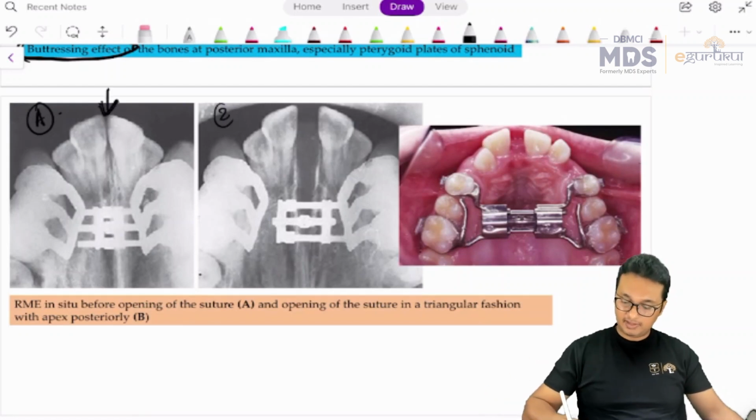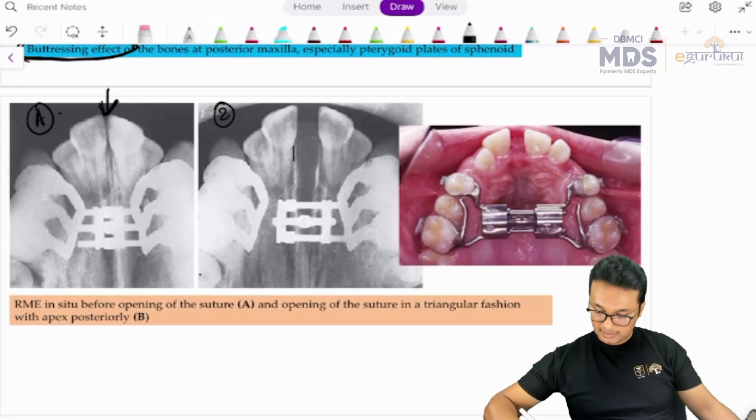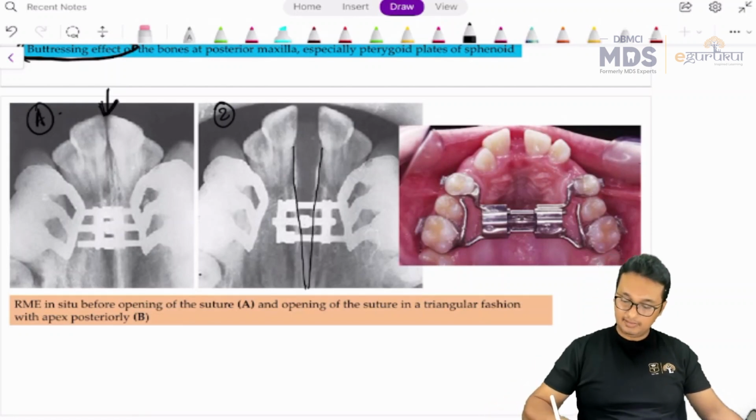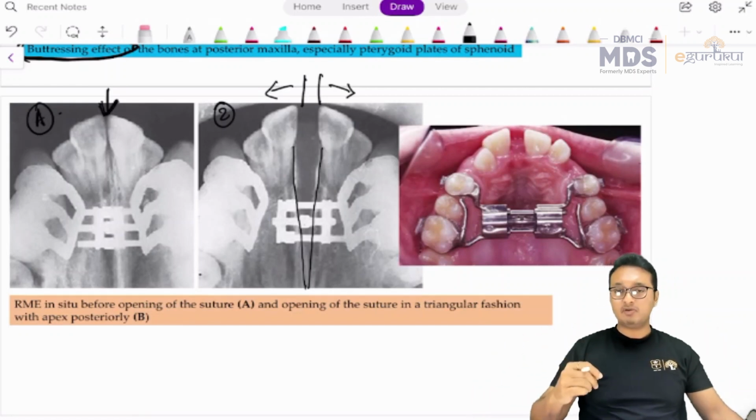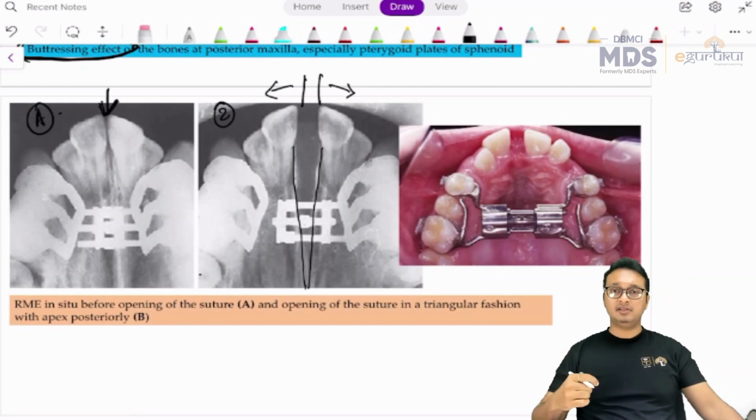Whereas in the second figure, you can see the sutures have started to open in a fan-shaped direction like this, and there is presence of midline diastema, and the maxilla is trying to separate in a sideways direction. More amount is seen in the anterior, lesser amount is seen in the posteriors.